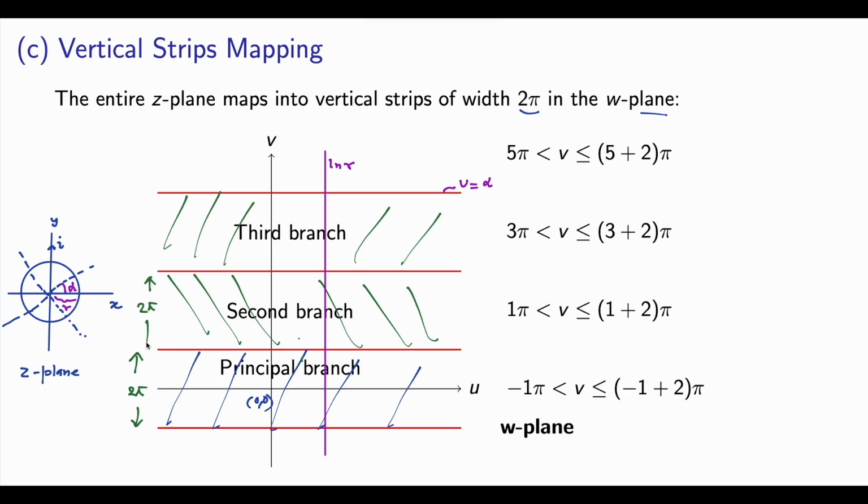This is very important. In each sheet, the function is single valued. So this is single valued, this is single valued, this is single valued. Since it was multiple valued and the integer k belongs to Z, you are going to get infinite sheets.